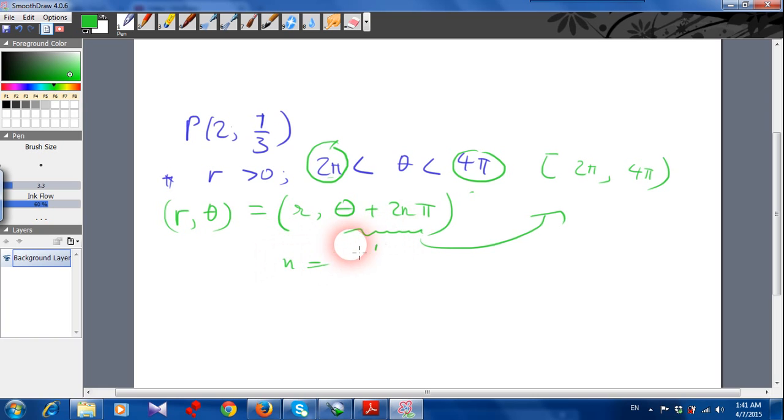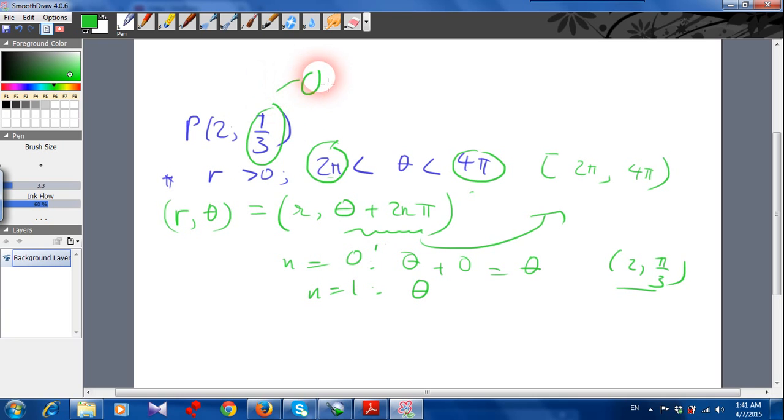First of all, we let n be 0. We have theta plus 0, which is theta, and that's π/3. Theta here is π/3.